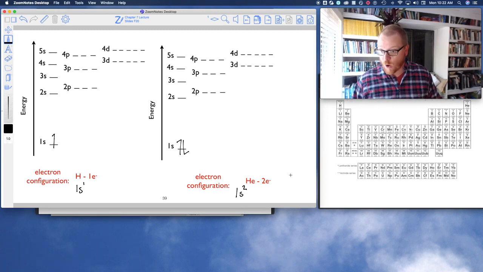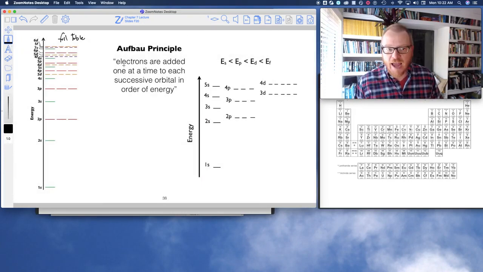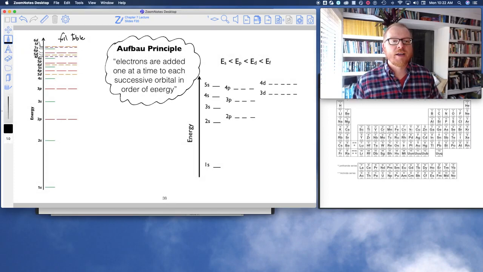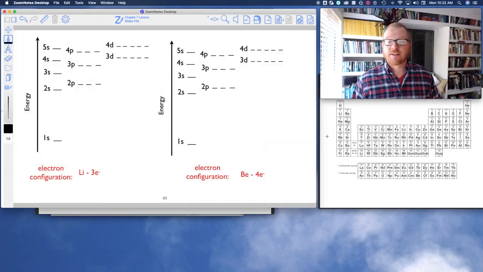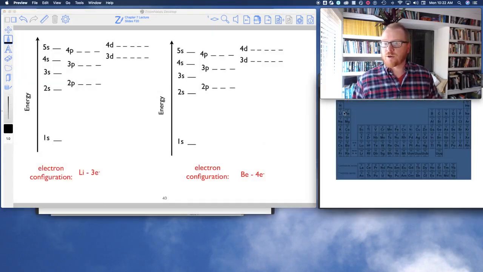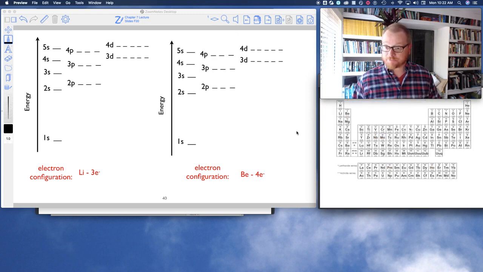And so I'm just going to keep going through examples, and all we do is just keep populating them based off the Aufbau principle. Electrons are added one at a time to each successive orbital in order of energy, okay? So we did hydrogen 1s1, we did helium 1s2. So as you can see, what's going to come next, lithium, 3 electrons, 1, 2, 3, okay?